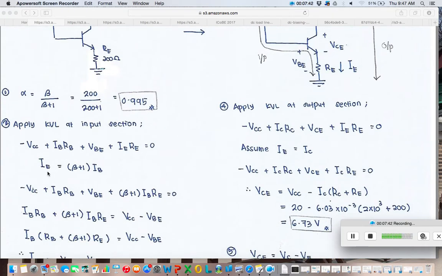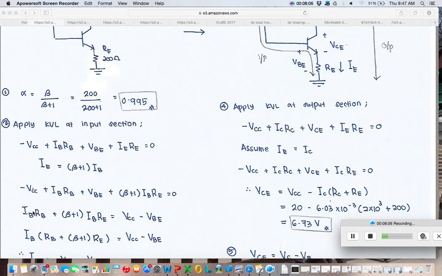For IE, we have another formula that relates IE with IB, so use it. It becomes IE equals beta plus 1 times IB. So you replace IE here with that formula.